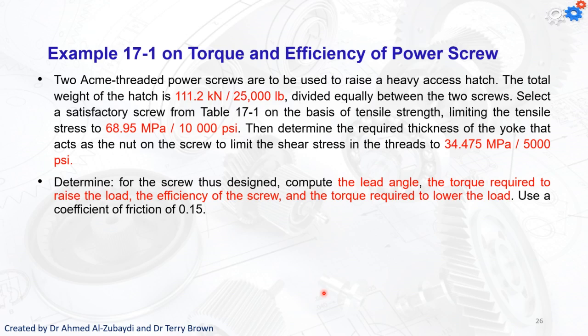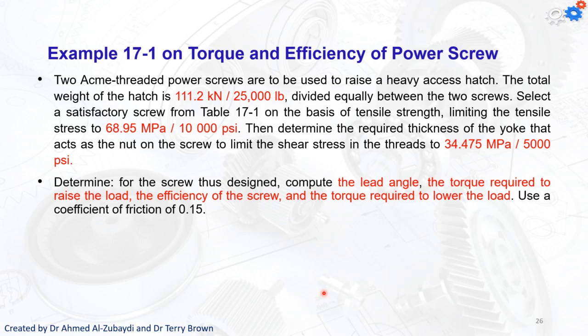Then, for the screw design, compute the lead angle, the torque required to raise the load, the efficiency of the screw, and the torque required to lower the load. Use a coefficient of friction equal to 0.15, a unitless value.